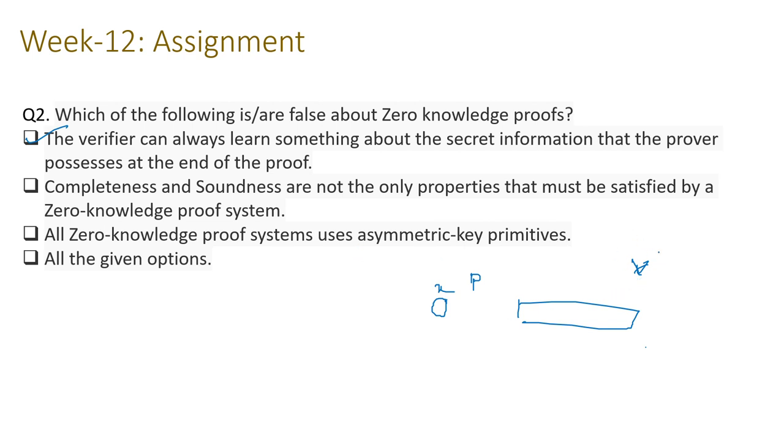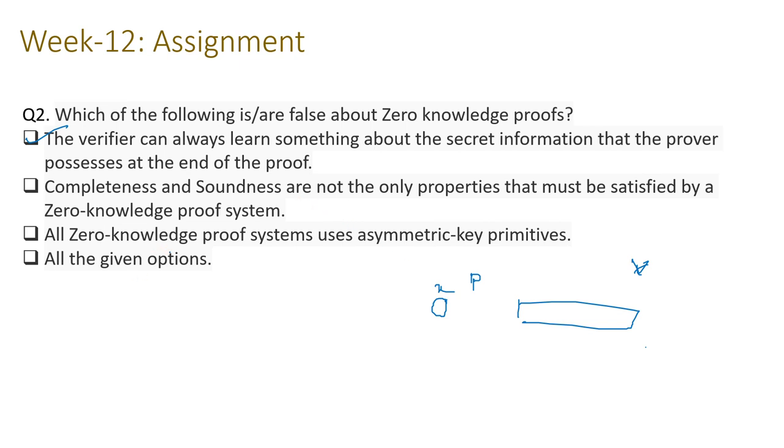So the verifier should always be convinced if P indeed has the proof. Soundness says that if P does not have access to that secret information, if the prover is actually a cheater, then the verifier should never be convinced. And there is another additional property called zero knowledge, which says that at the end of the protocol, the verifier should not learn anything about the secret information. So this statement is correct.